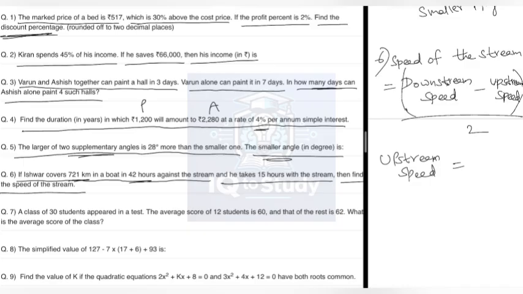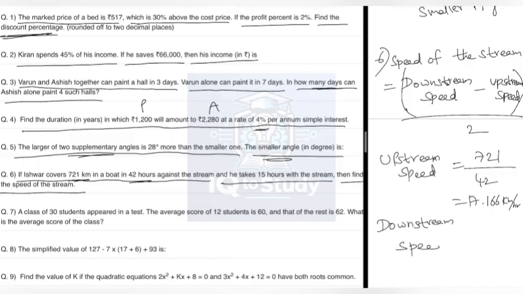This is from the formula speed equal to distance by time. So upstream speed obviously becomes 721 divided by 42, which is equal to 17.166 kilometers per hour.